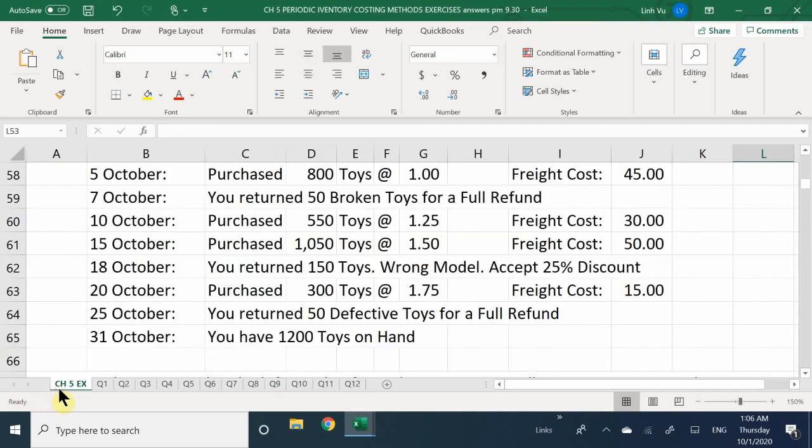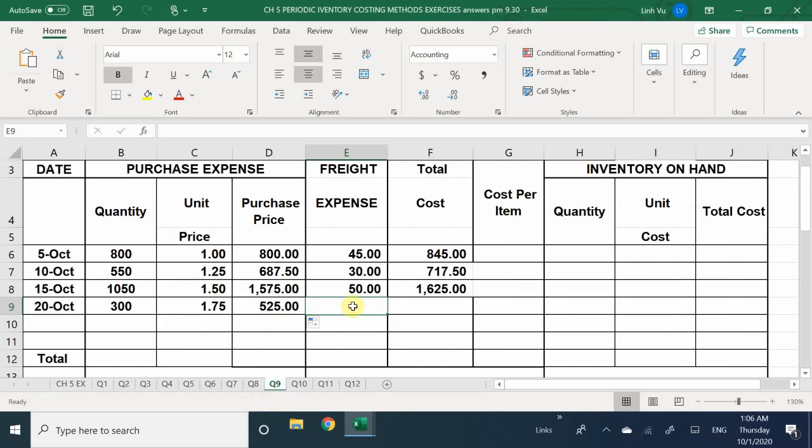Purchasing those 300 toys is going to give us $15 of freight, bringing us a grand total of $540.